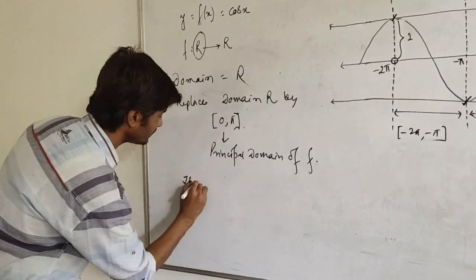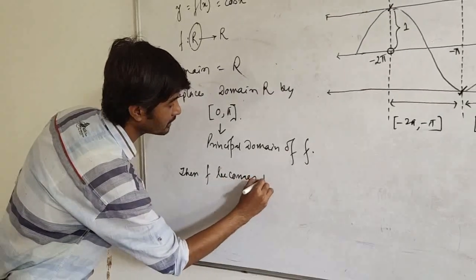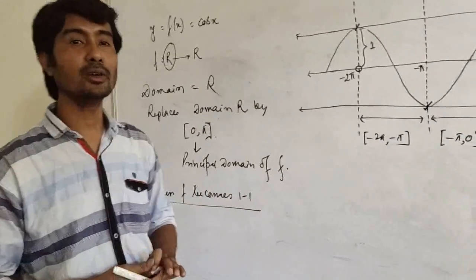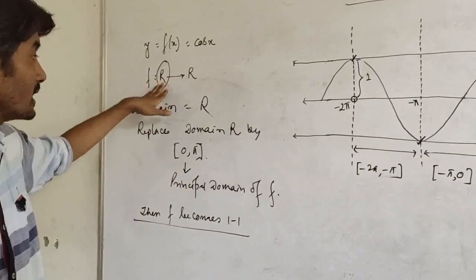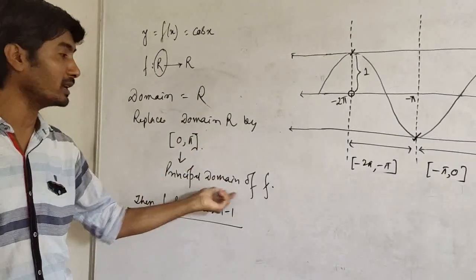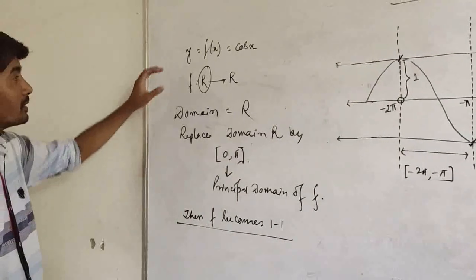Then f becomes 1-1. So the first part is done: we have made this function 1-1 by replacing the domain R by this interval 0 to π, which is known as the principal domain of the function f.